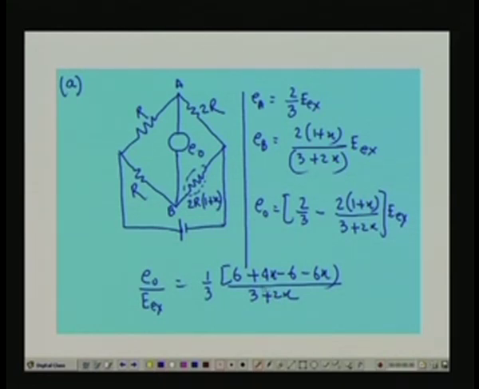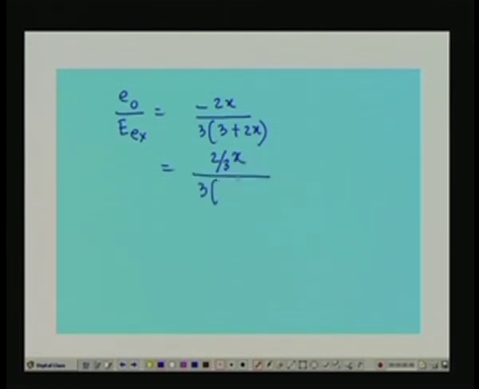Which will give you, let me take a new page, E naught by E x equal to minus 2x upon (3 plus 2x). So, this is equal to minus 2 by 3 times x upon (1 plus 2 by 3 x).